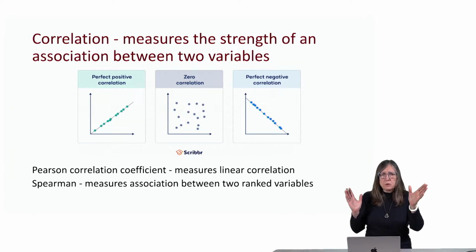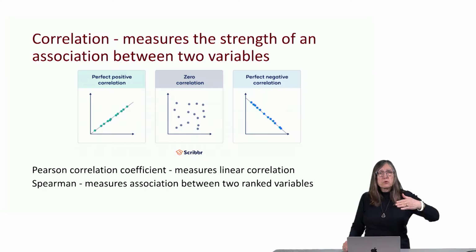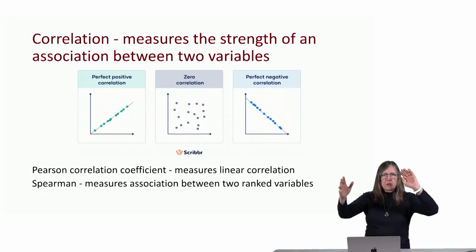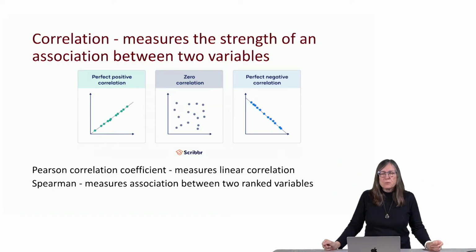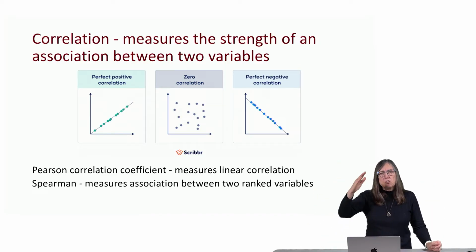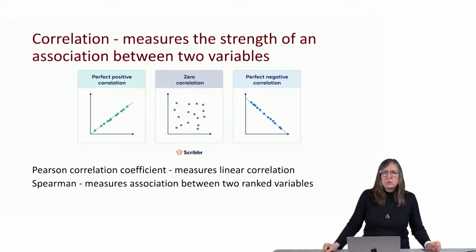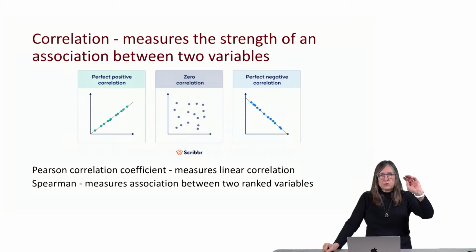They're not labeled, doesn't matter what they are. Perfect correlation is they're lying right along a line, a perfect positive correlation. And then zero correlation, you just got this beautiful random distribution of spots on your figure. And on the right side, your line going the other direction is a perfect negative correlation. So as one variable is going up, the other one's going down.